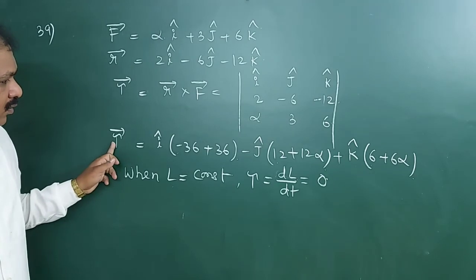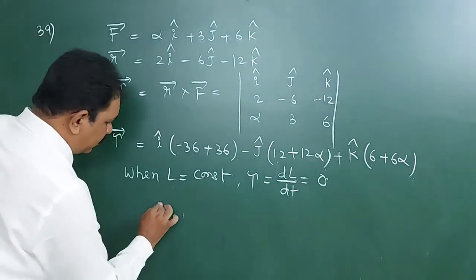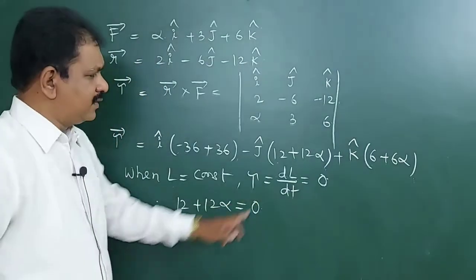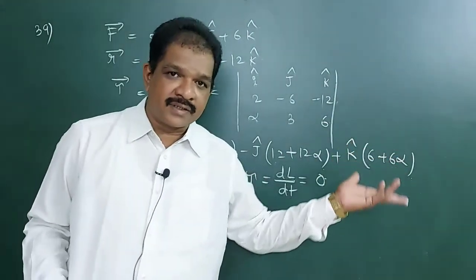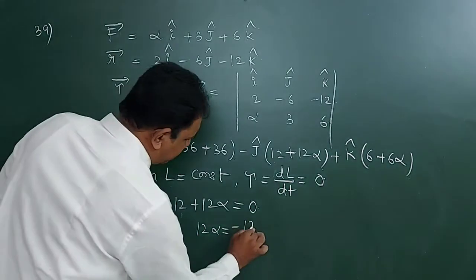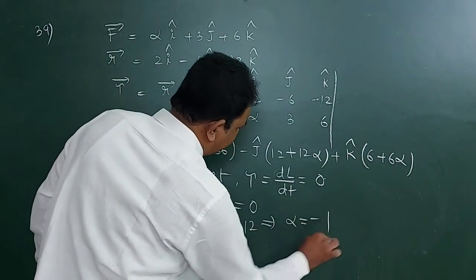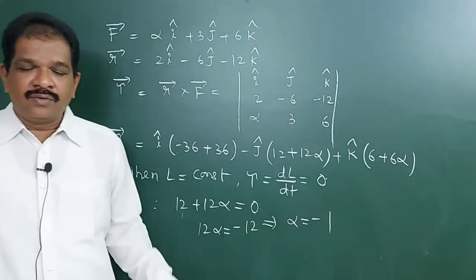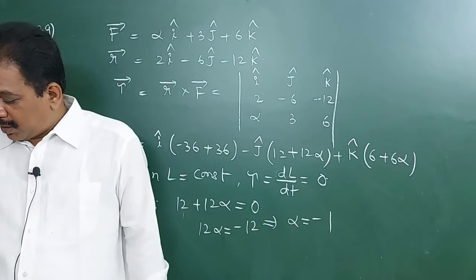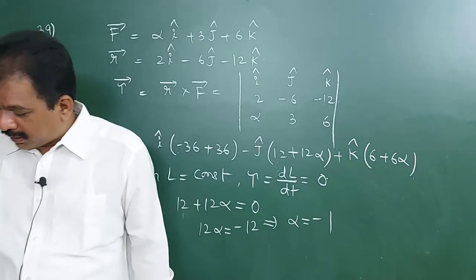So tau is 0, therefore 12 plus 12 alpha is equal to 0, or 6 plus 6 alpha is equal to 0. 12 alpha is equal to minus 12. Alpha is equal to minus 1. Okay, the value of alpha will be equal to minus 1.